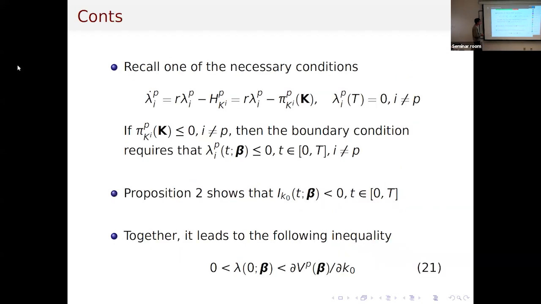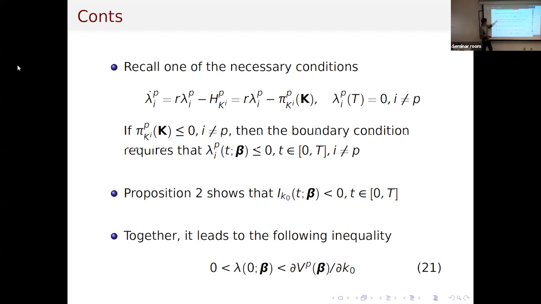So we can pin down the sign of this term from one of the necessary conditions. We can show that if this assumption is satisfied, then this term is always less than 0.